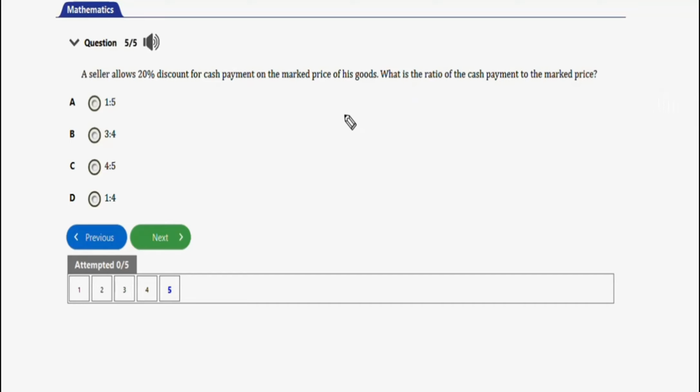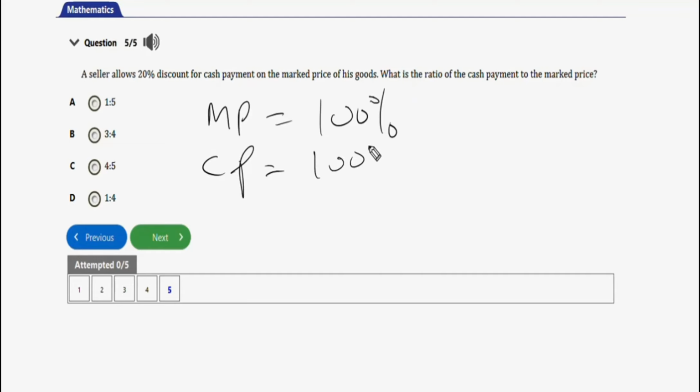So the marked price MP here is 100%, whereas the discounted price is the discount for cash payment. So the cash payment CP will be 100% minus 20%, which gives you 80%.